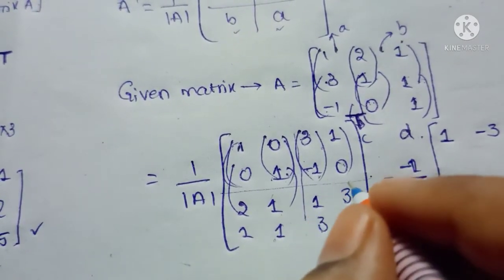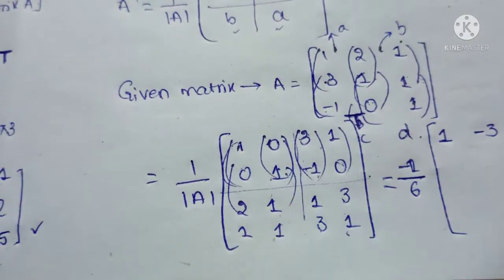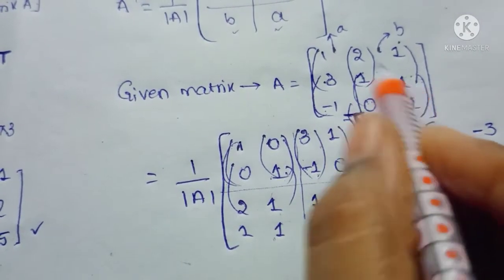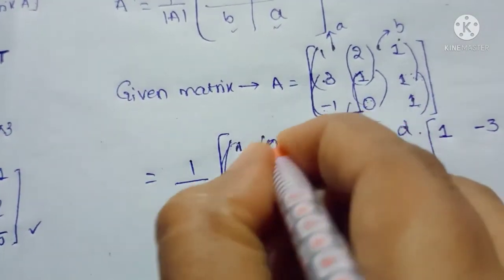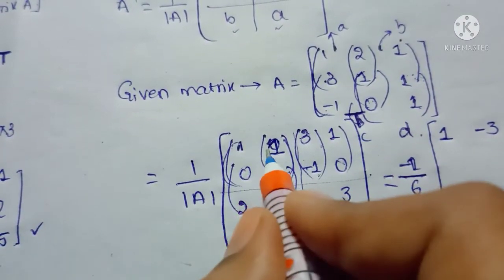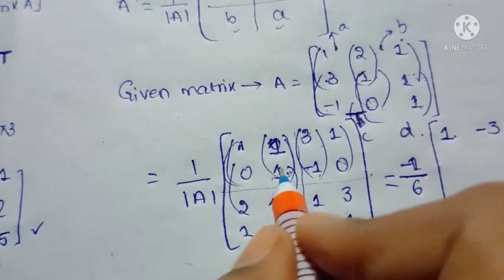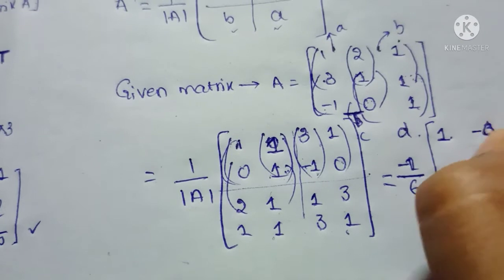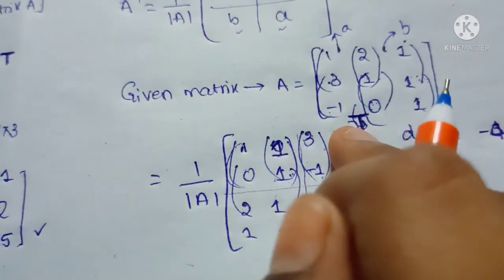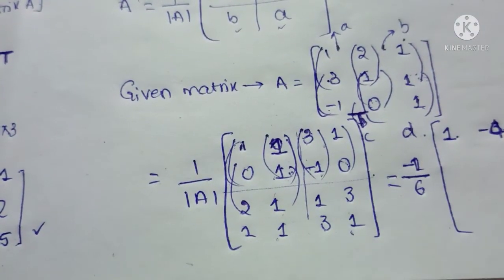And similarly here, 1 1 1 0 1 1, here 1. Now 1 into 1 minus 0 into 1 minus 1 into 1 minus 1 minus 3, we will get -4 here. And 3 into 0 minus 0, with the sign plus, we will get plus 1 only.